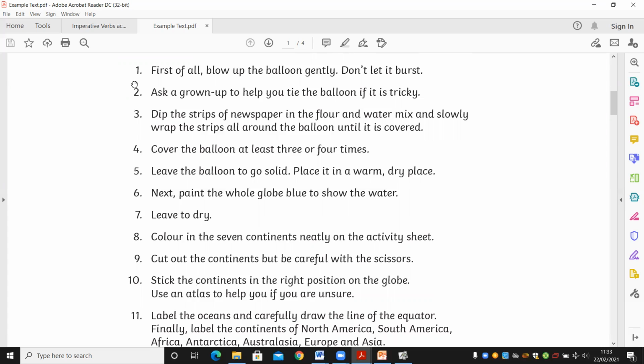Now, children, let's have a look at it together. Can you see, what do we have at the beginning of each step here? That's right, we have a number. So all of these instructions are numbered so that we know in which order we have to follow them. Now, in the instructions that we looked at yesterday together as a class, we didn't have the numbers. So what did we have to separate each instruction?